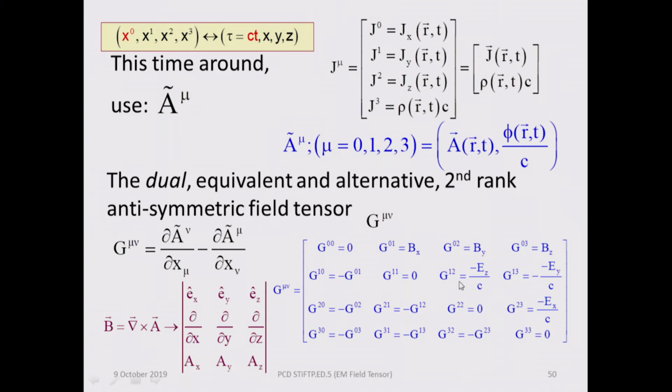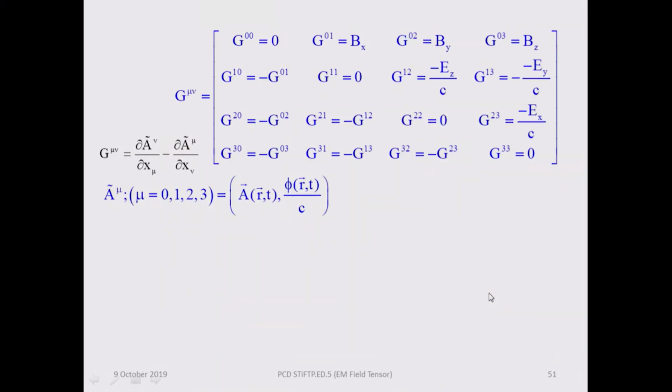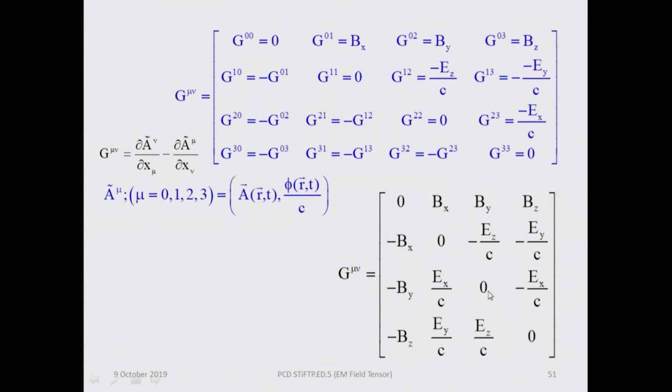Once again you get a tensor of rank 2, you have 16 terms. You have an antisymmetric tensor, so that the off diagonal terms have opposite sign and the diagonal terms are 0, and using this you have a compact expression for the electromagnetic field tensor, which is similar to what you had in the previous case, but notice that it is also different.